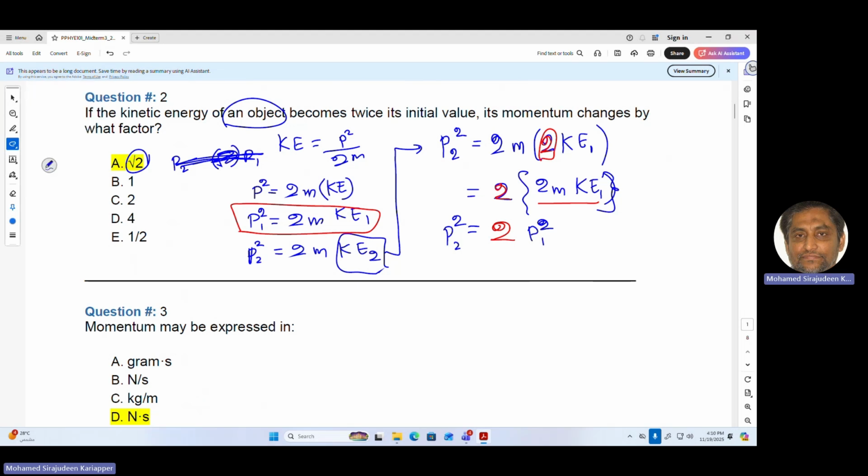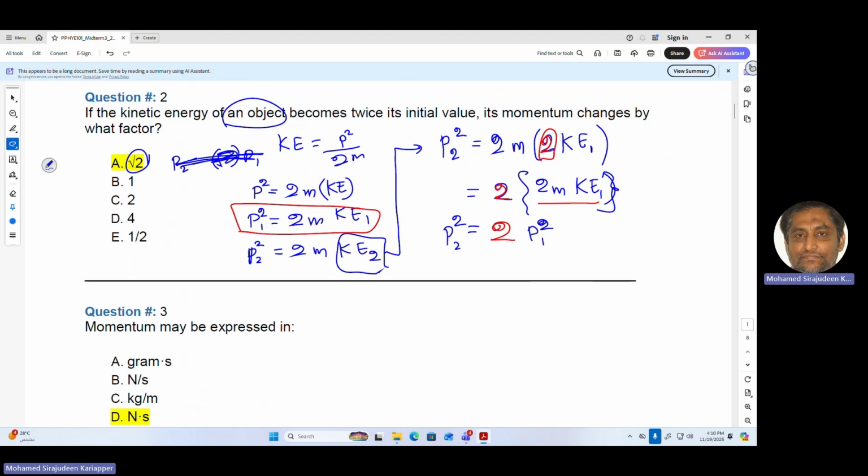Okay, so you can think of it without doing any math. You can see that when kinetic energy doubles, the P squared doubles, not P that is being doubled. So the P will be square root of 2 times the initial P1.